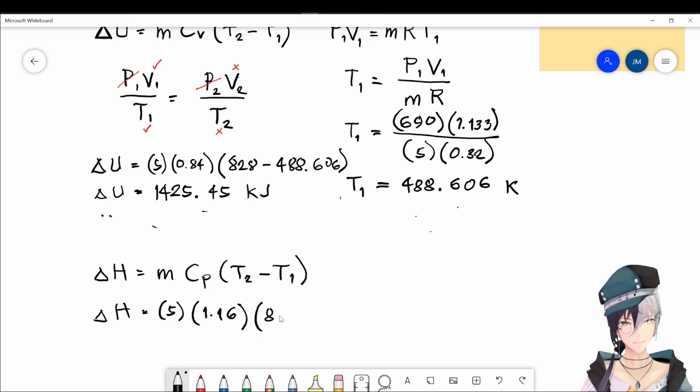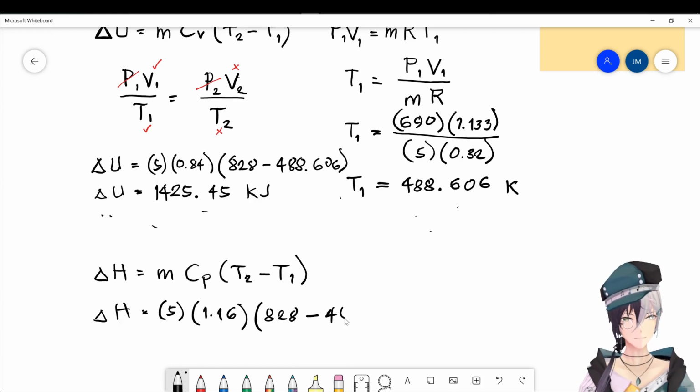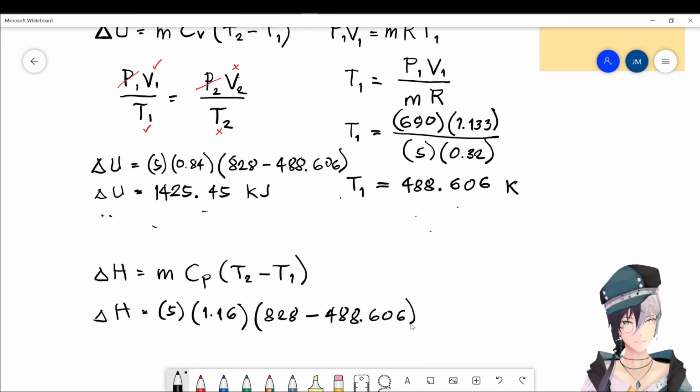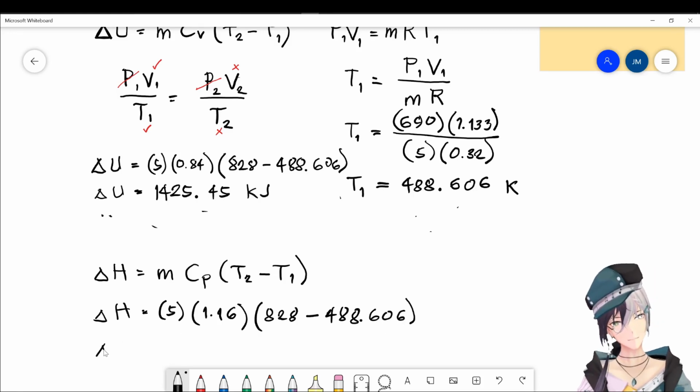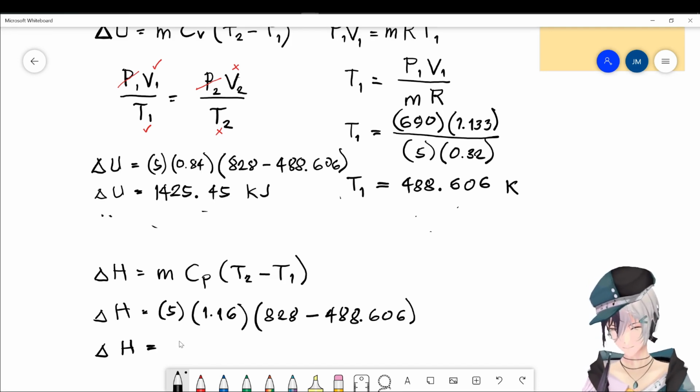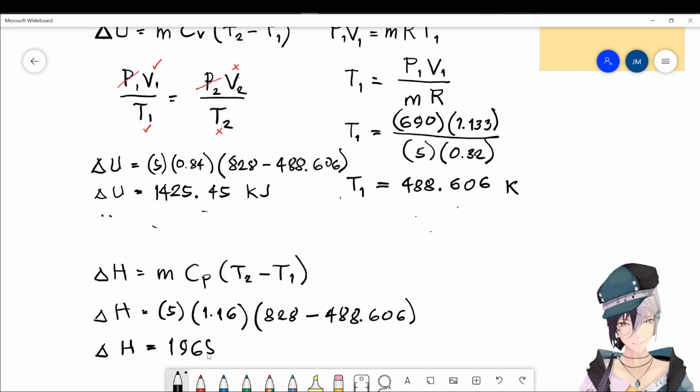Then temperature 2 is 828, and temperature 1 is 488.606. And delta H is 1968.48 kilojoules.